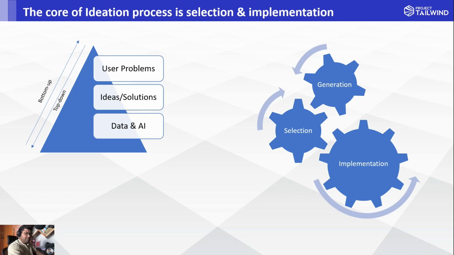Whereas in bottom up, you find gaps in data or AI, and then you ideate and develop new innovative solutions which can solve customer problems which are otherwise not solved. So today we'll focus on the top down approach of idea generation.